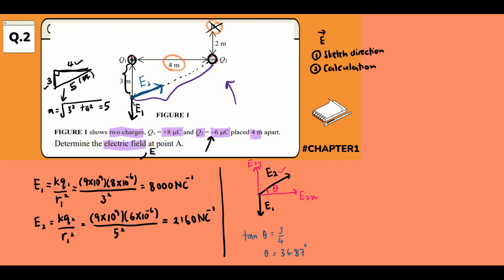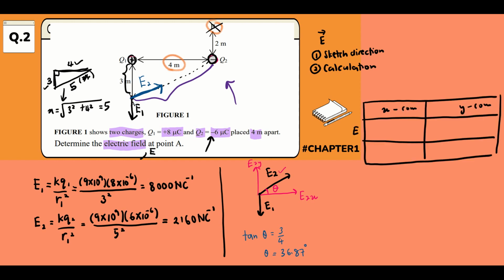Now we do our calculation. We can have a table: here is E1 and E2, and also E total. For E1, the x component is 0, and the y component is negative 8,000. Why negative? Because it is directed downward. For E2x, you are going to have E2 cos theta, positive because it is to the right.